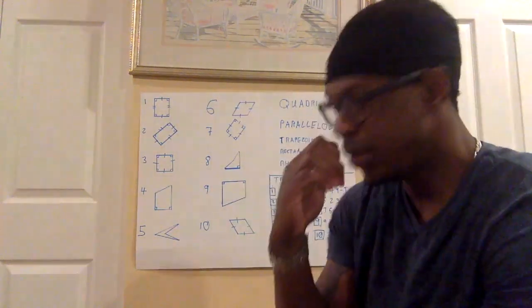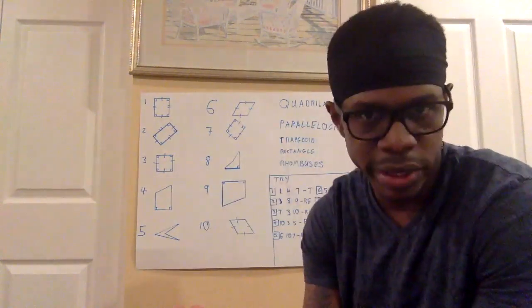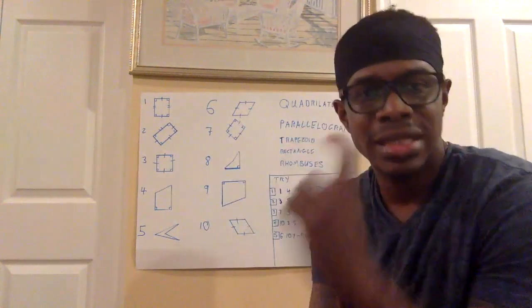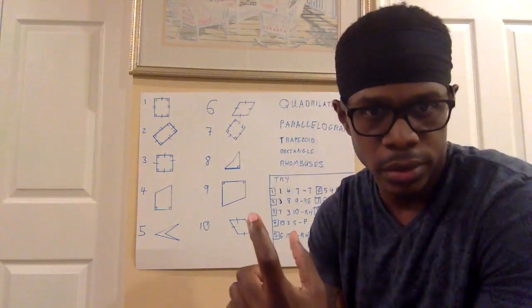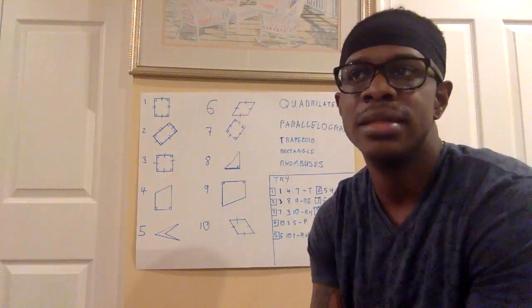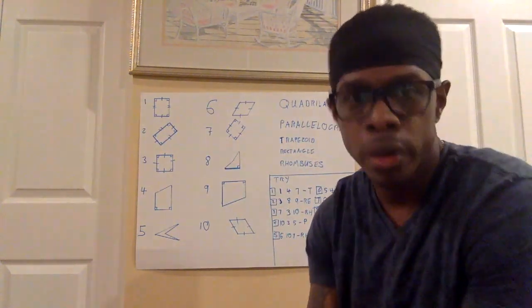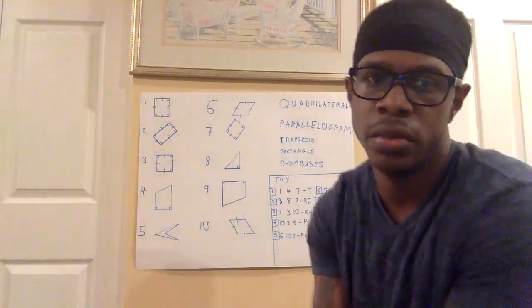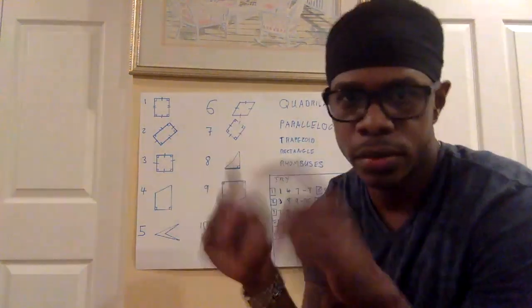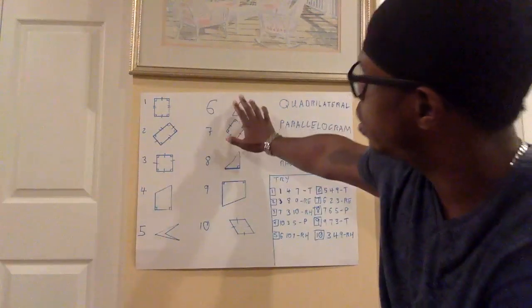Now, again, a rhombus is a 4-sided figure or a quadrilateral that has the exact same length all the way around, and it has the same acute and obtuse angles, or it has 4 90-degree angles. And I'll have the descriptions below. That is a rhombus.